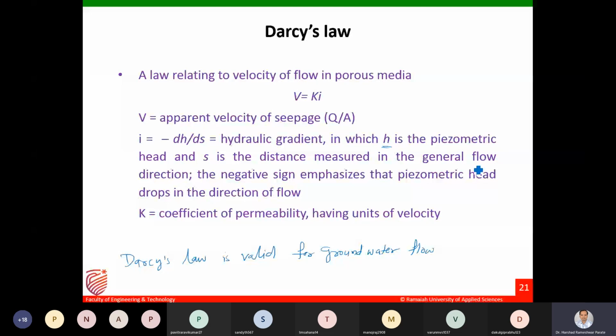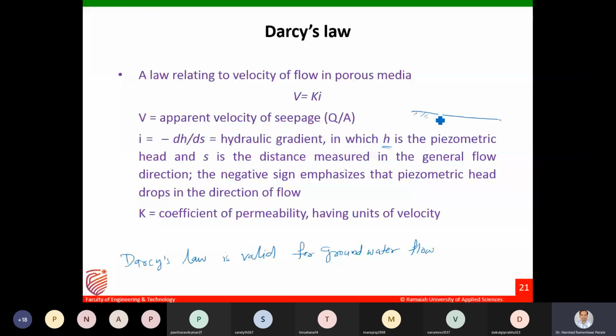So if we just consider this as my ground strata, an impermeable strata over which my groundwater is there, and this is my groundwater level, the slope of this line is nothing but my dH by ds, and since it is dropping, this will be negative.